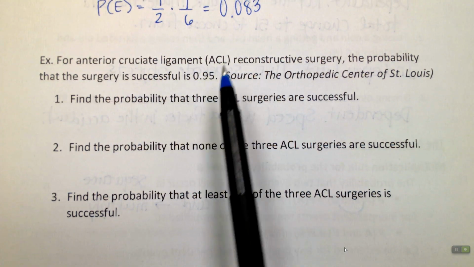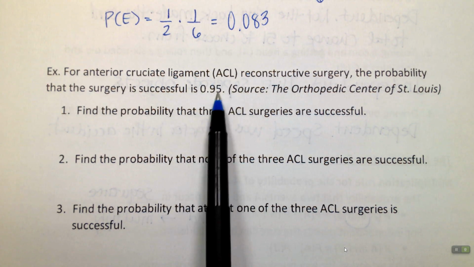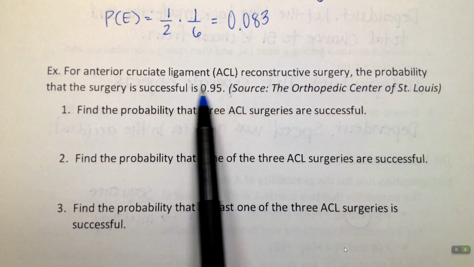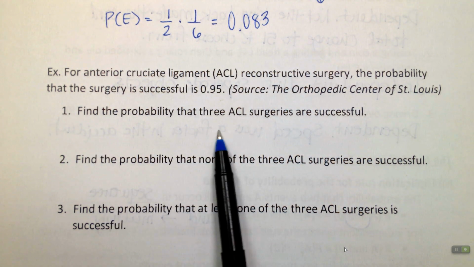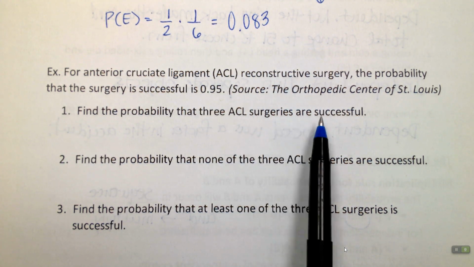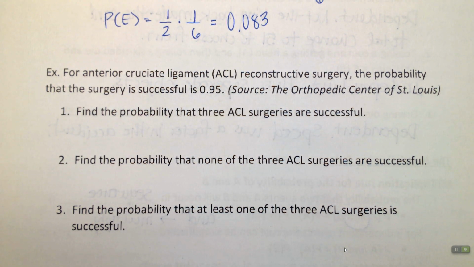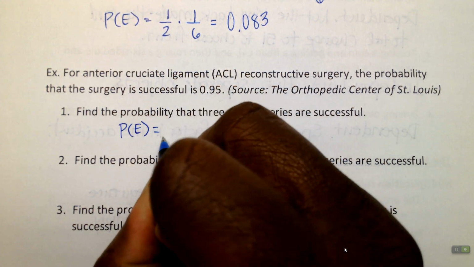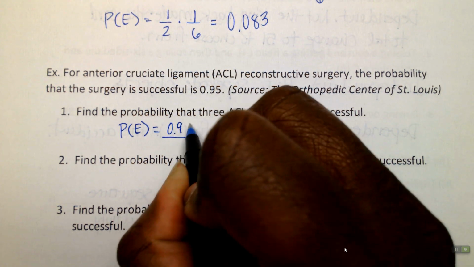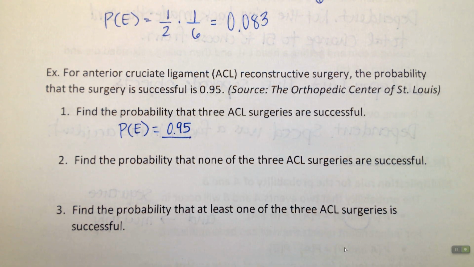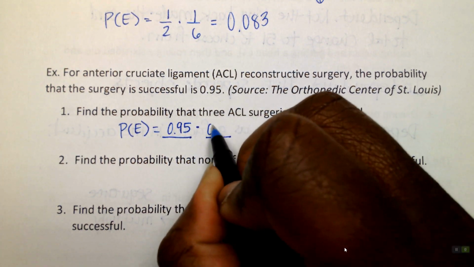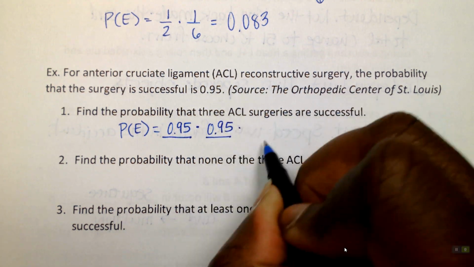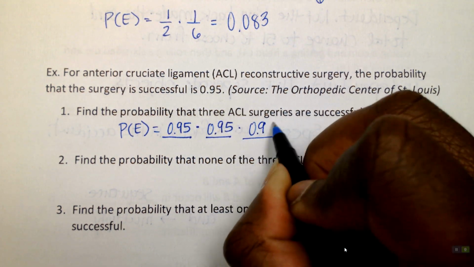So they give us our fraction as an actual number, a decimal value. Find the probability that 3 ACL surgeries are successful. So that means the first surgery is successful, the second surgery is successful, the third surgery is successful.